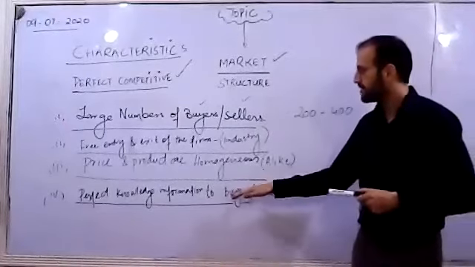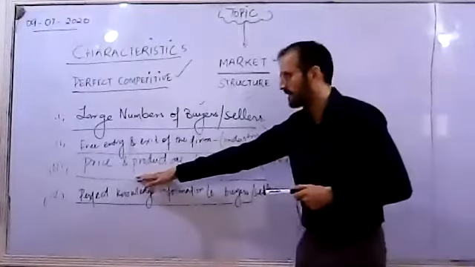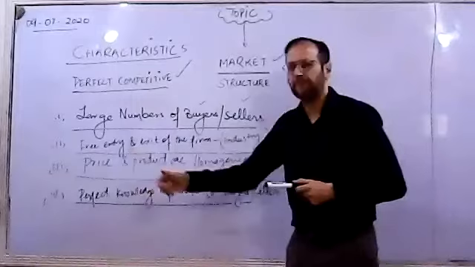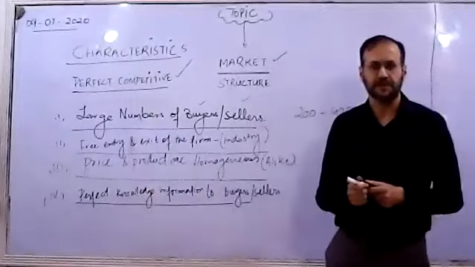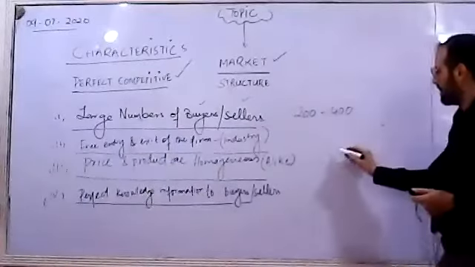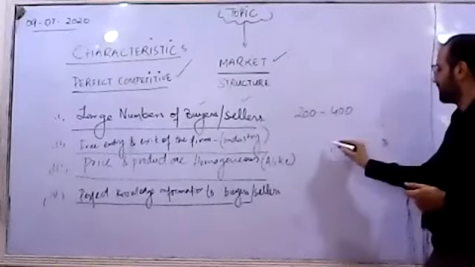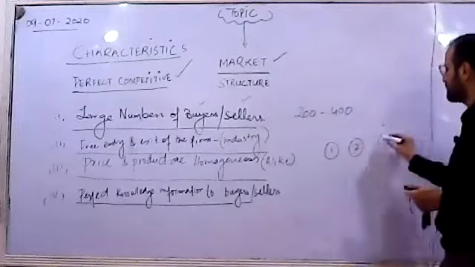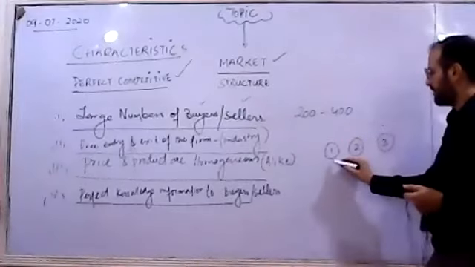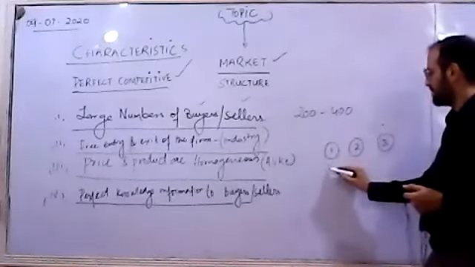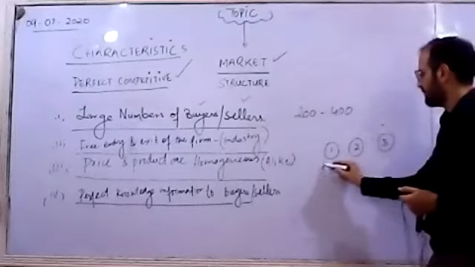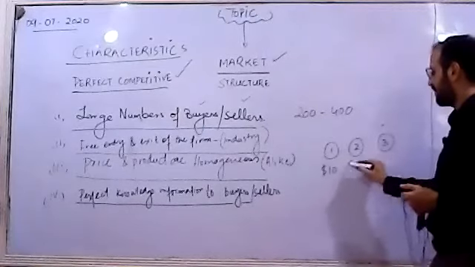And that is one reason that the third point is actually justified. If somebody tries to reduce the prices, let's suppose there are 3 firms, 1, 2, 3, and all these 3 firms are charging a price of $10, let's say, for a product.